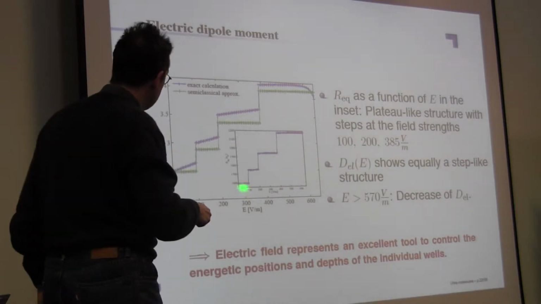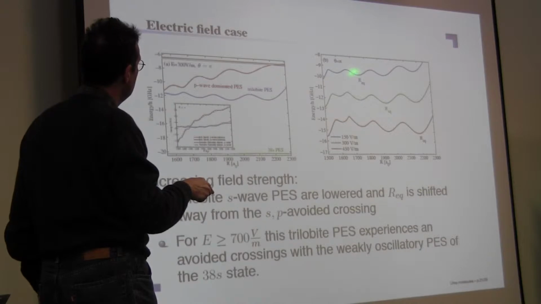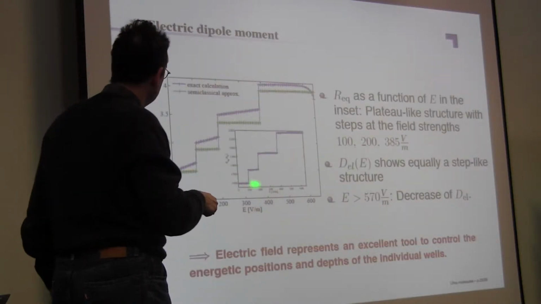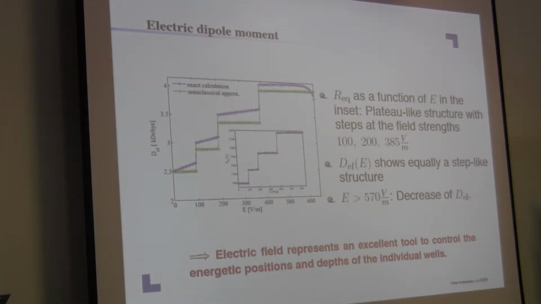If I enhance the electric field, as you see over here, subsequently the global minimum of the system is here, then it is here, and then it is here, with increasing field. This you see over here, this is just this plateau step-like structure in the equilibrium position. Yeah, this is just the change of the equilibrium with electric field.